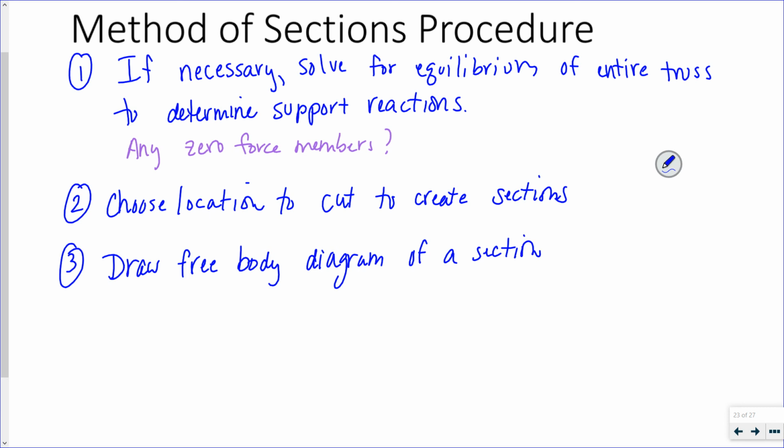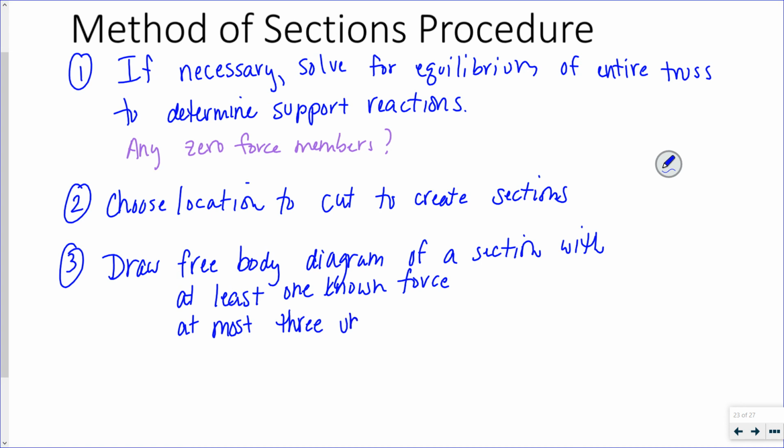With at least one known force and at most 3 unknown forces, right?